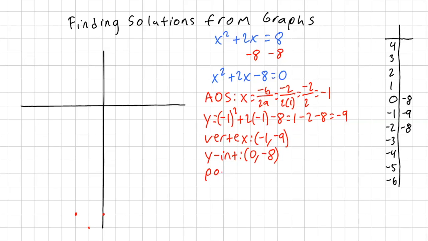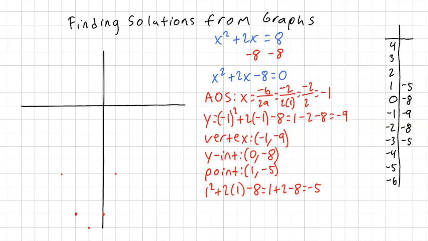So our next point, we've got negative 1, we've got 0, let's use 1. So 1 squared plus 2 times 1 minus 8, so 1 plus 2 minus 8 is going to be negative 5. So 1, 2, 3, 4, 5.